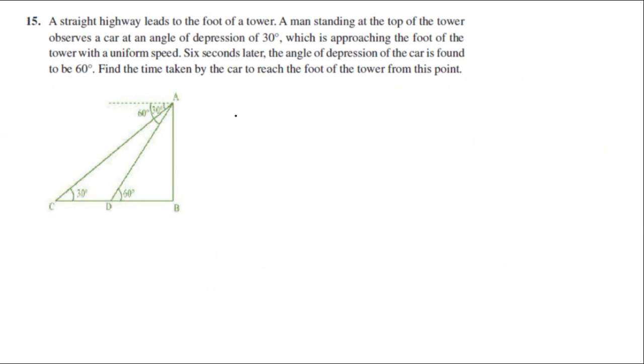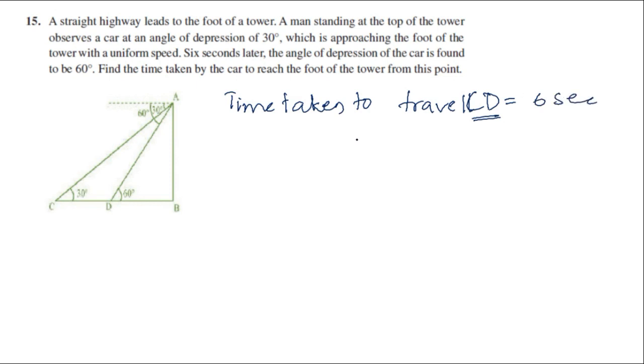The time taken to travel the distance CD is nothing but 6 seconds. Therefore, the speed is given by distance upon the time taken.